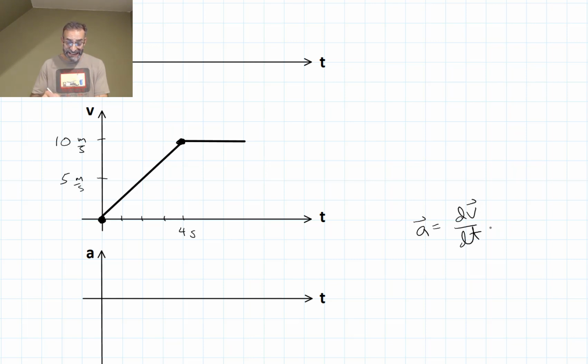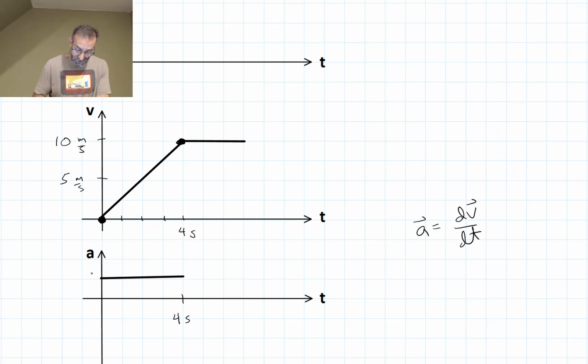At any instant in time, I could look at this instant right here, and I could get the acceleration at that instant is the slope of the velocity versus time curve. And the slope of that curve is the same everywhere. Between 0 and 4 seconds, the slope of that curve never changes. So we can draw a horizontal line.